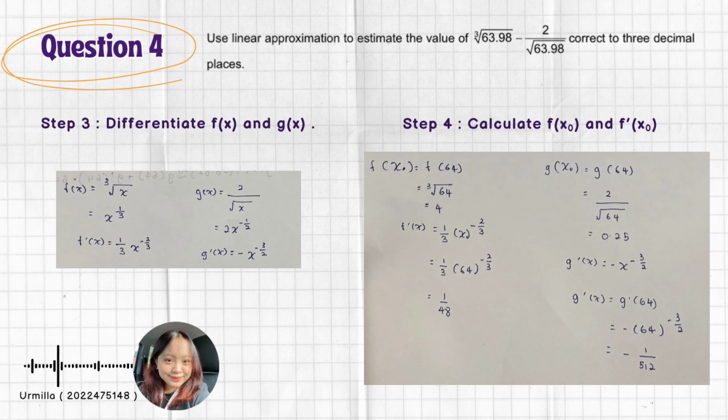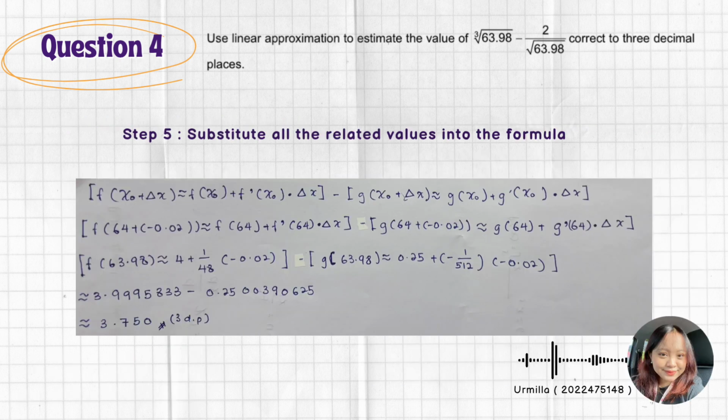And for step 4, we have to substitute x0, 64, into the function and derivative. Lastly, step number 5, we have to substitute all the related values into the formula, I mean, all the values that we already got. Then we approximate both functions at x equal to 63.98.